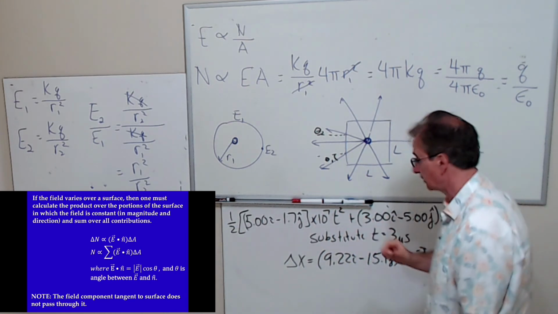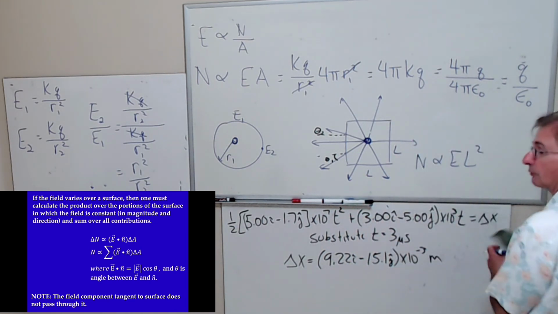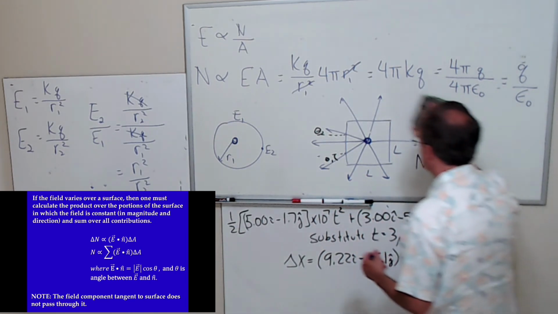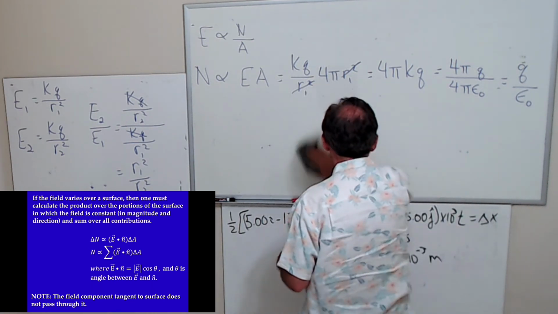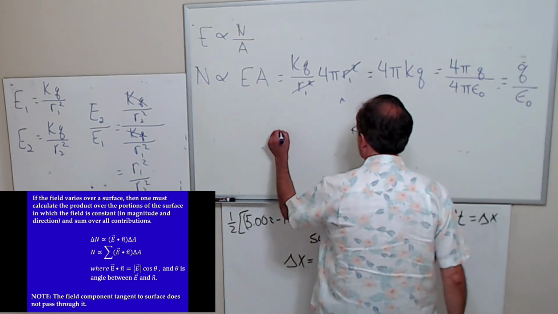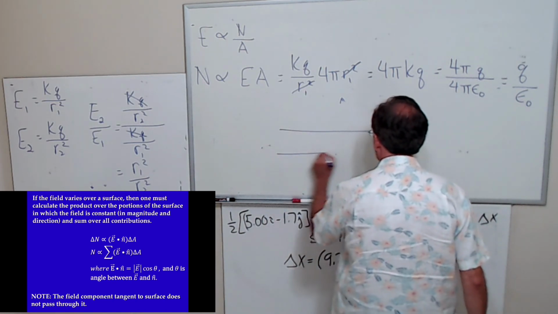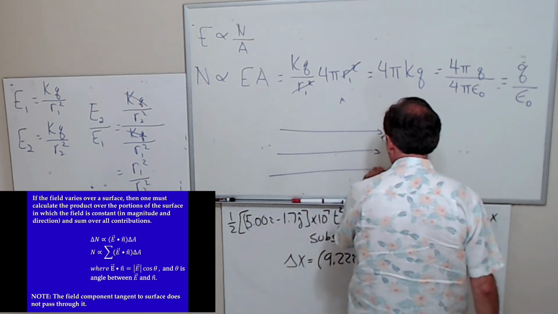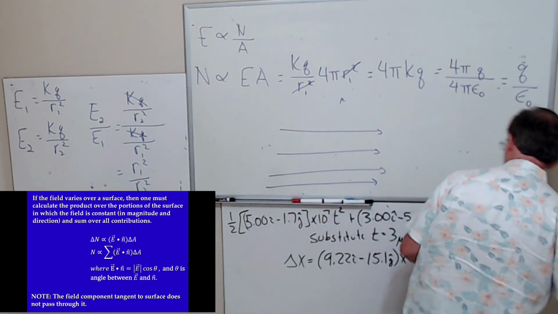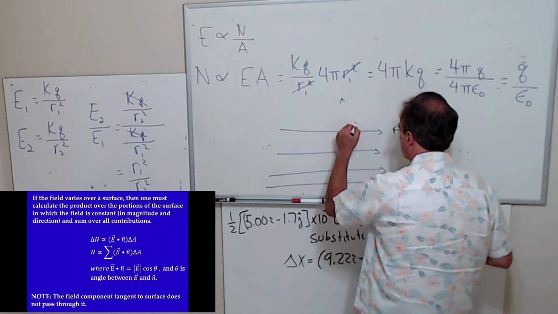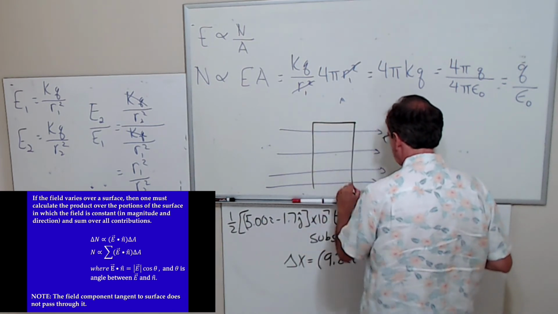I'll give you a simpler example. Suppose I have a uniform field. Let's say I have a field that's constant. And I draw a box.